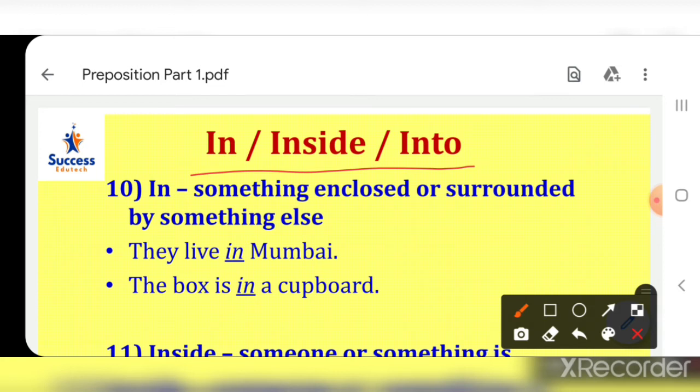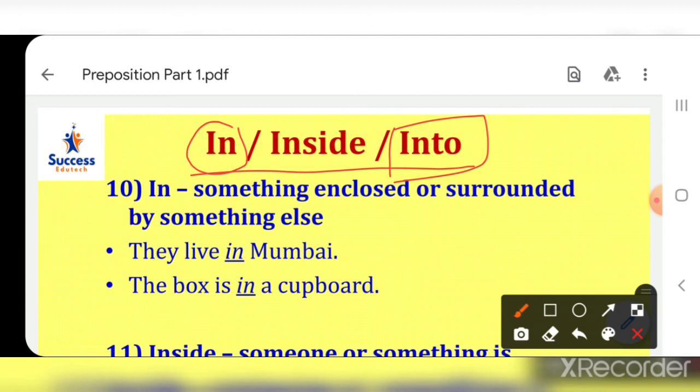Now we have just seen on and onto. There is exactly the same difference between in and into. In is used for the steady position of an object, and into is used when a movement is involved in it.